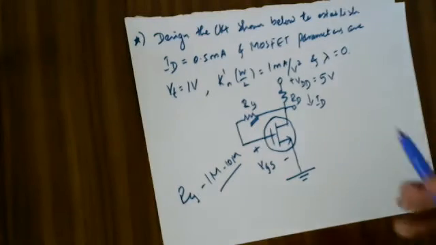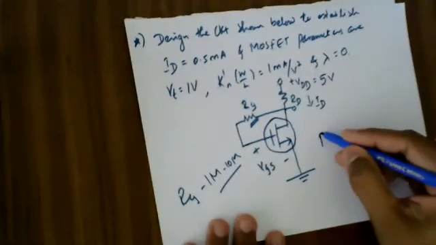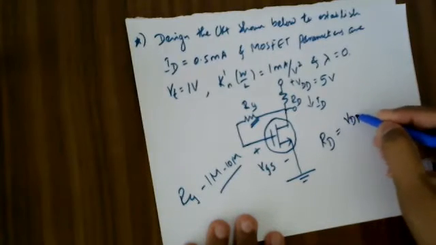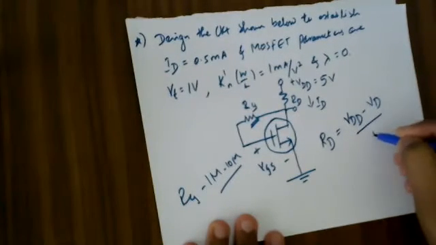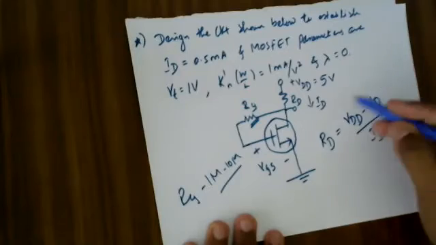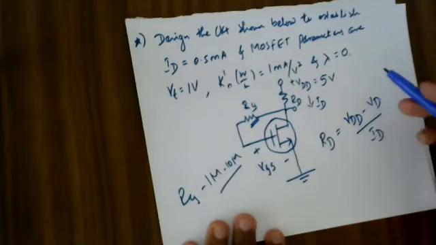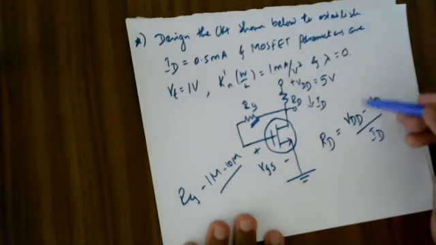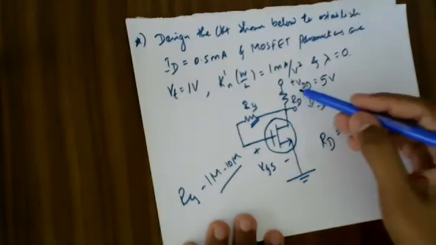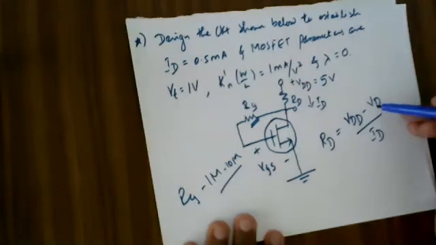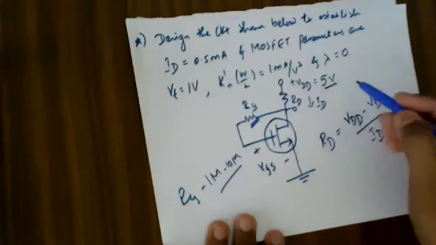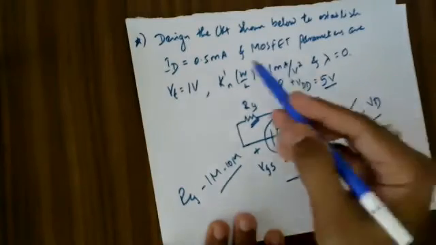Okay. The equation for RD, we know that RD can be written as VDD minus VD divided by ID. So this is the standard equation. When I'm writing the equation for VD, you just apply KVL and get this expression for your output loop. So VDD minus VD divided by ID. VDD value is known to you, right?